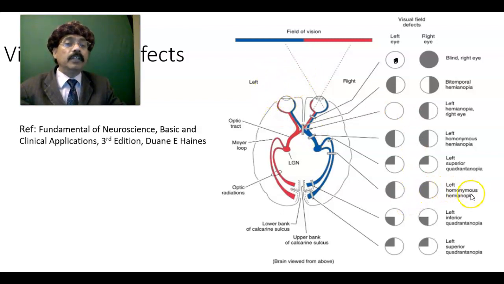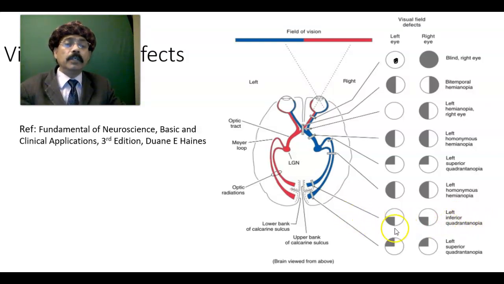That is the left homonymous hemianopia. This is called inferior quadrantopia. Inferior quadrantopia is due to the superior fiber, the optic radiation fiber. That lesion will lead to left inferior quadrantopia.